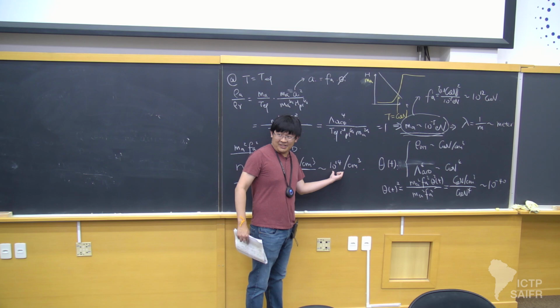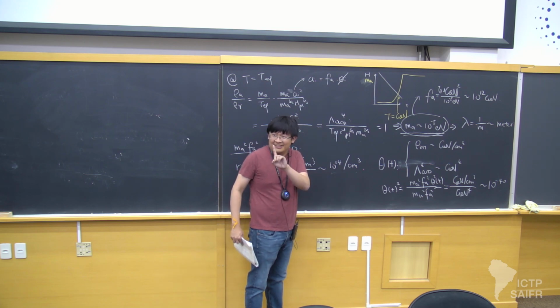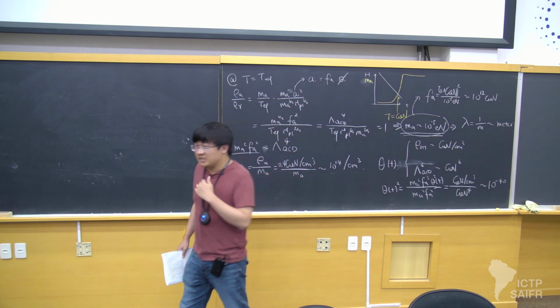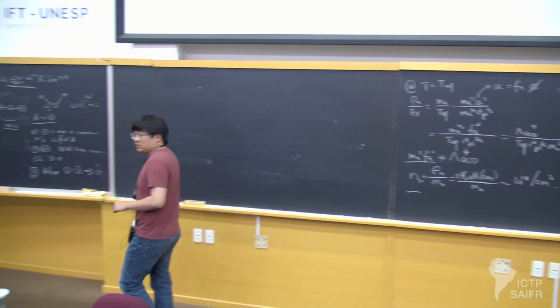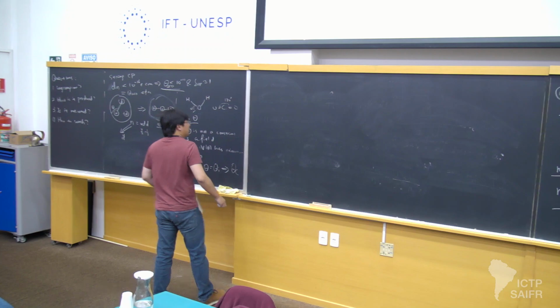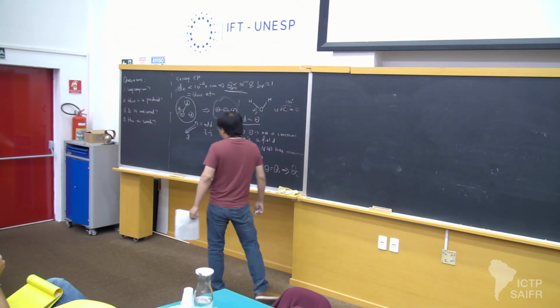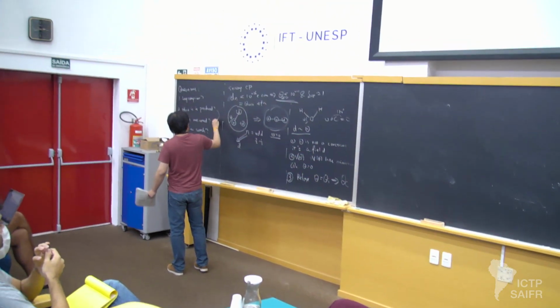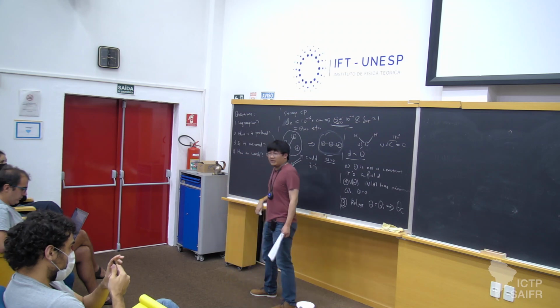A fermion can only have an occupation number of 1, right? So all of these light dark matter candidates have to be bosons. More questions?